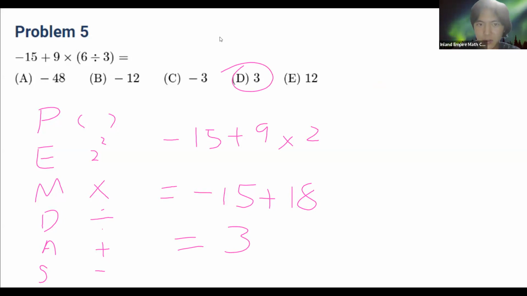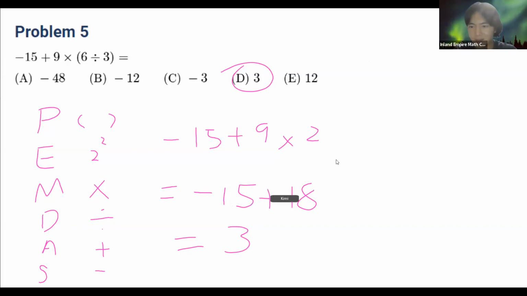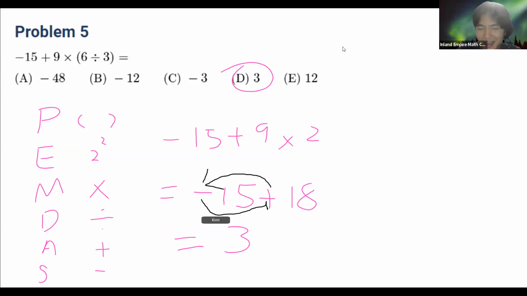Why don't you switch it? Like, there's a negative right here. Why don't you switch these around so that it's 18 positive minus 15? Well, you can't really do that, right?